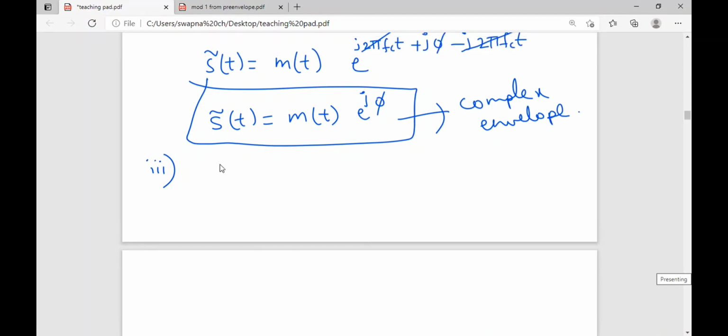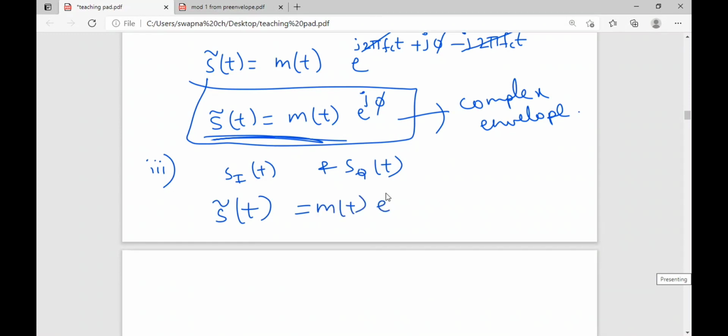So you need to find the in-phase and quadrature components. In-phase component in the sense S_I of t and quadrature component in the sense S_Q of t. In order to find that, we'll just take this complex envelope equation only. So S tilde of t is nothing but m of t into e power j phi. Here e power j phi I'll write as cos phi plus j sin phi.